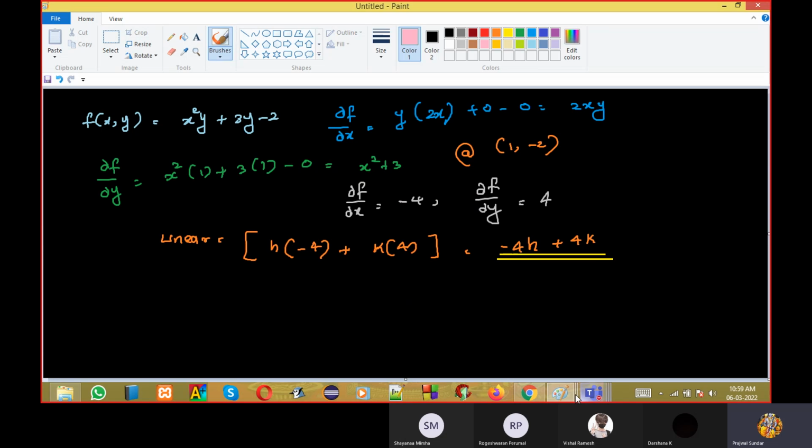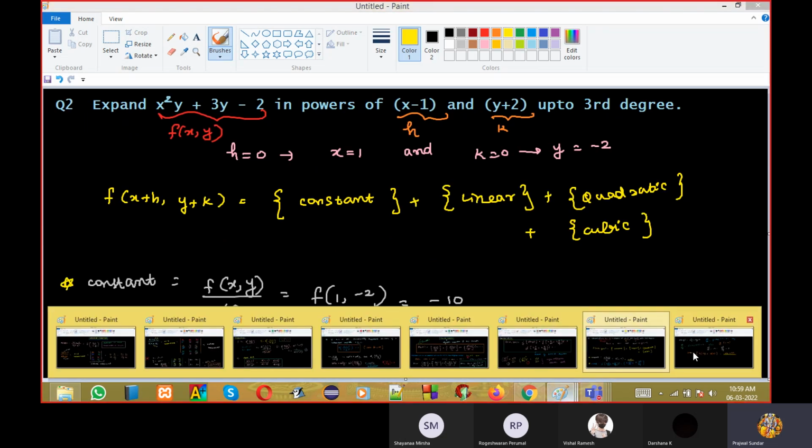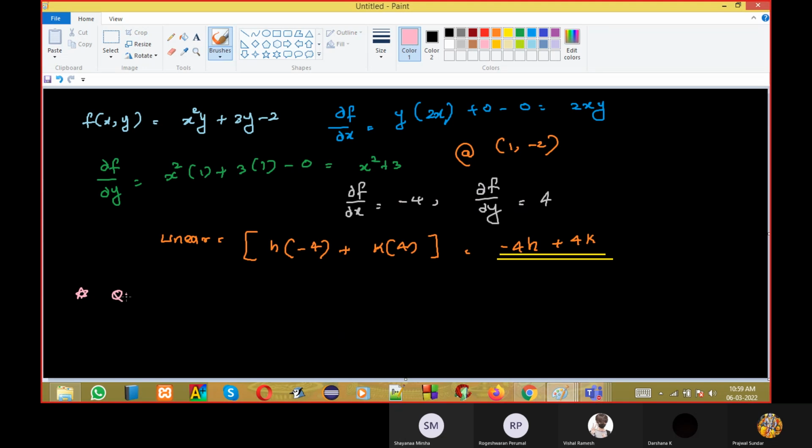What is quadratic? I'll write constant, linear. Next, what is the quadratic one? It will be 1 by 2 factorial into h into dou by dou x plus k into dou by dou y, whole square. Now apply the binomial theorem. A plus b whole square equals a squared plus 2ab plus b squared.